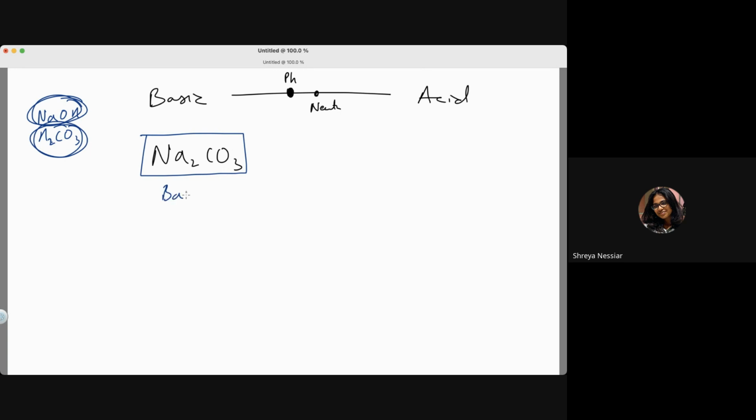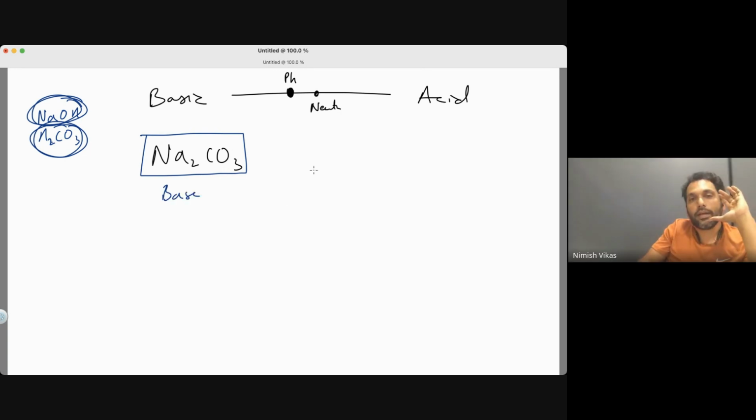Very well. Now, in any base like NaOH, I replace the cation with an H. What happens? It loses its basic nature a bit, or totally. Is that clear? Yes.